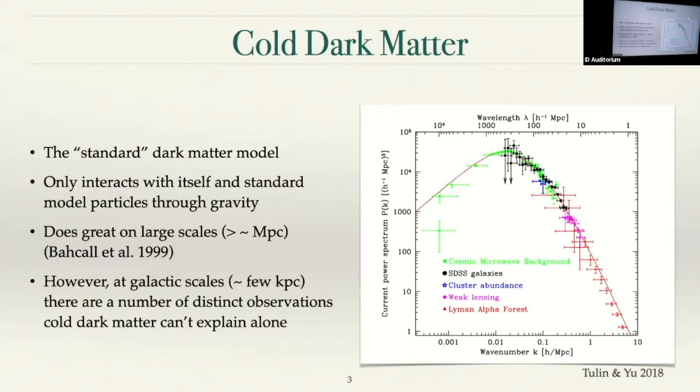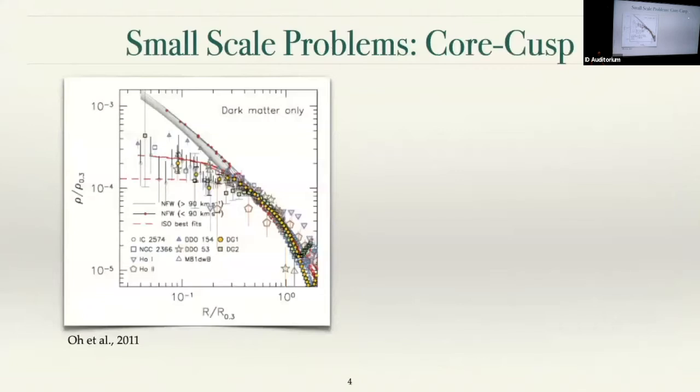Even though cold dark matter does a good job on large scales, so scales above a megaparsec, there have been a number of observations that show that cold dark matter alone can't solve all of the problems at galactic scales, so few kpc scales. And so here is everybody's favorite small scale problem, which many of you I know have worked on in this room. For those who aren't familiar, on the left-hand side, I'm showing a dark matter density profile.